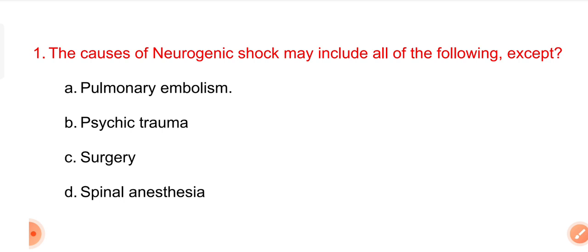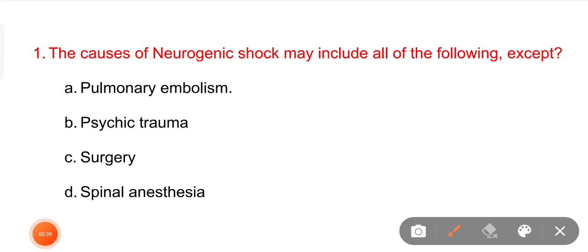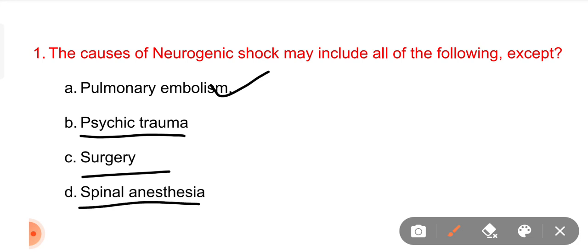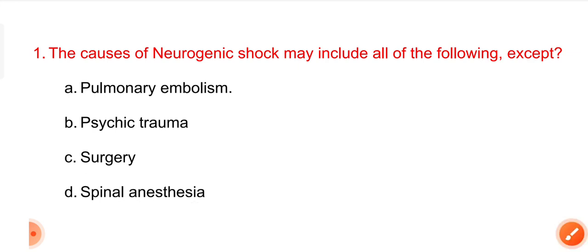The right option is option A. Among these four options, we can see neurogenic shock in psychic trauma, surgery, and spinal anesthesia. In case of pulmonary embolism, we cannot see neurogenic shock.